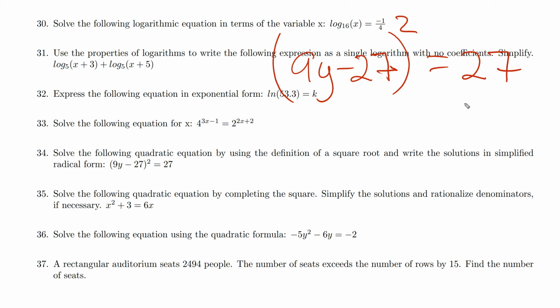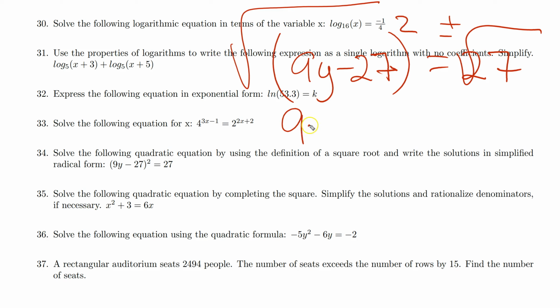Now, the square root principle is we take the square root of this side and then plus or minus the square root of that side. So when we take the square root of something squared, it just becomes the radicand. 9y minus 27 equals, now the square root of 27 is the square root of 9 times the square root of 3. So this is going to be plus or minus 3 square root of 3.